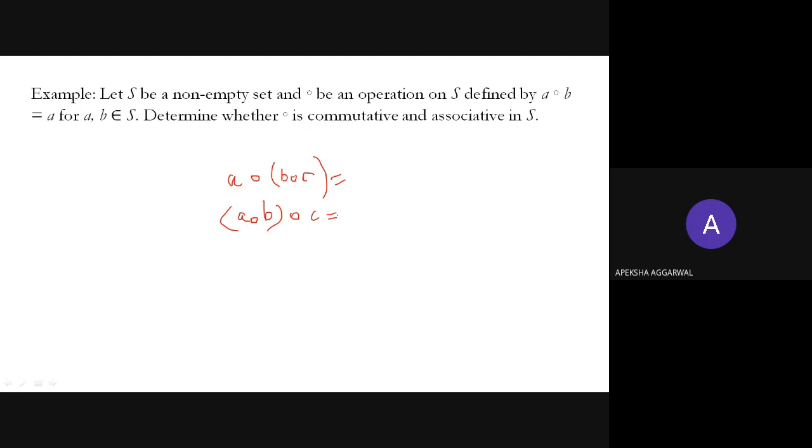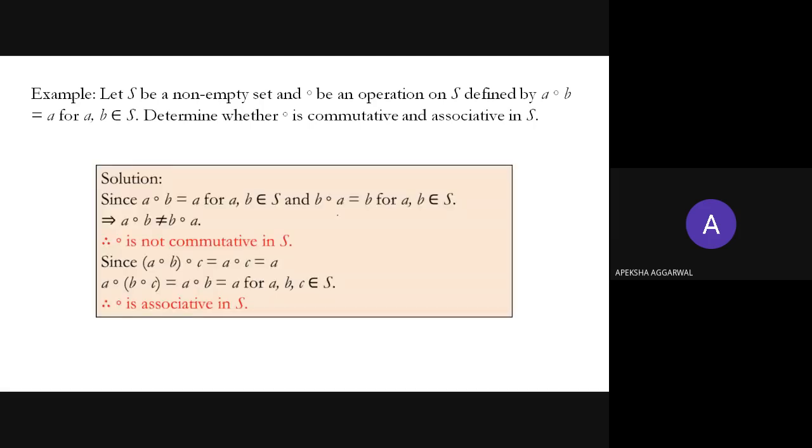Its value is AOB and then A. And the lower equation, AO(BOC), is AOC and then A. Okay, so this is associative, right? But not commutative, only associative. Clear?